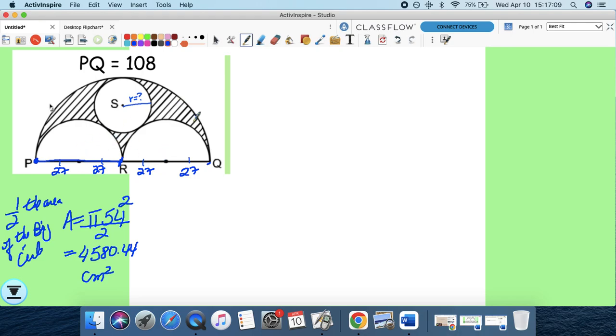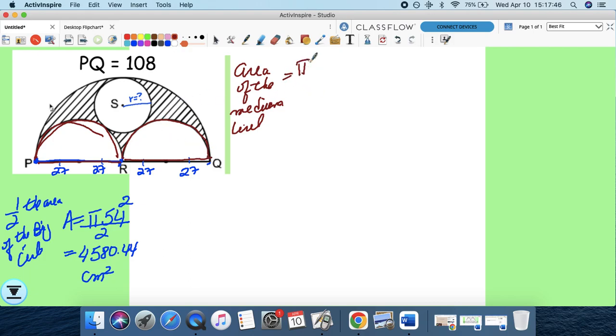From that, I want to remove this guy here, and this guy here. It's a cookie cutter, and those two combined form the area of a circle, which I'll call the medium circle. These two halves make one full circle.